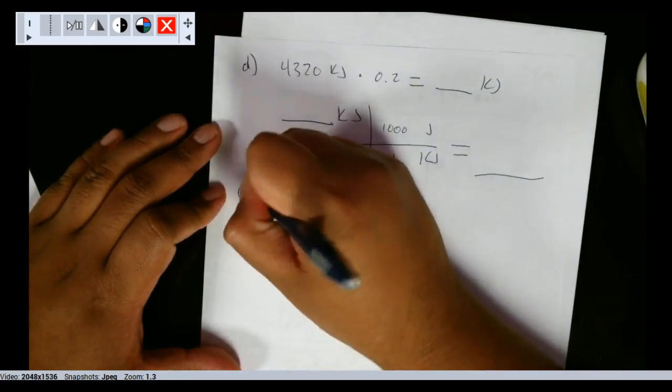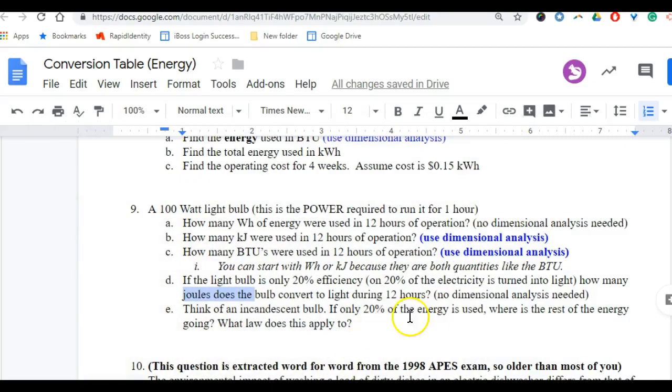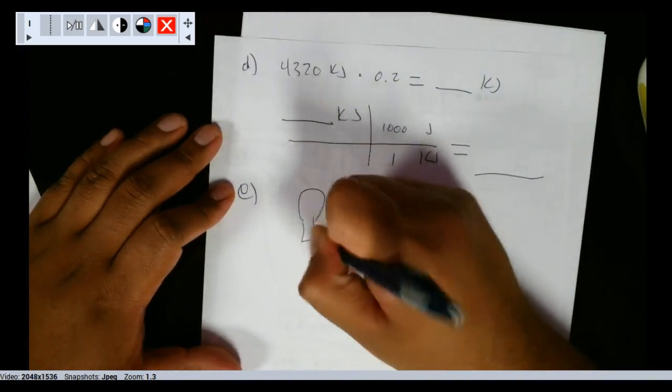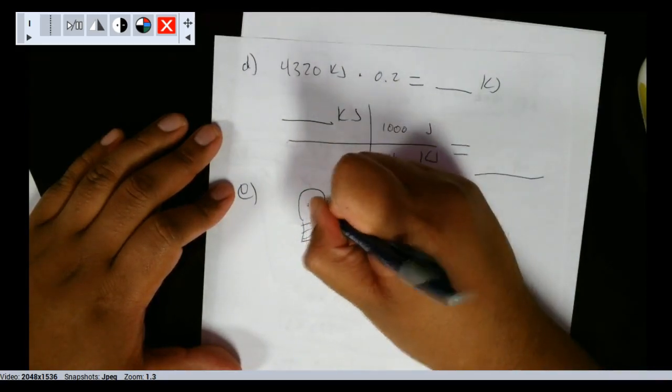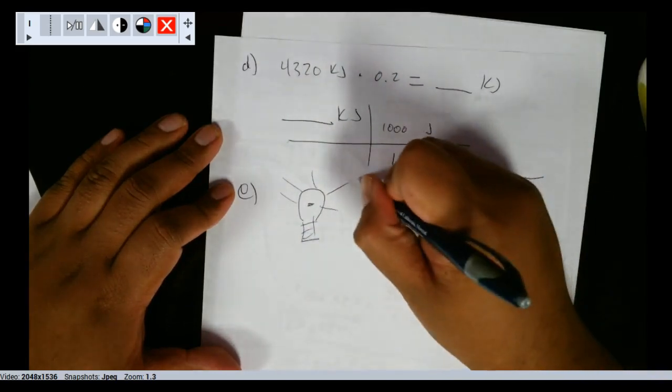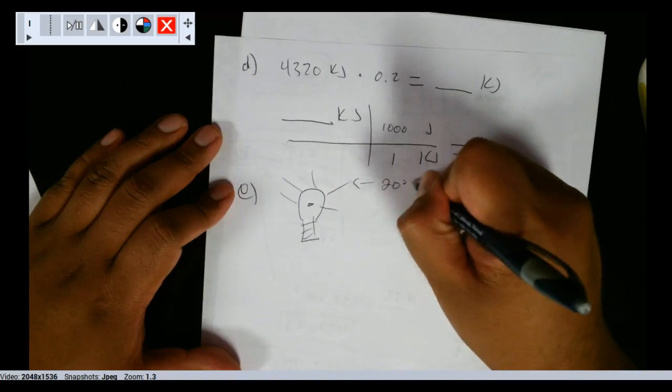Finally, on part E, because I want to keep the problem under 10 minutes, it's asking if it's only using 20% of the energy, where is the rest of it going, and what law does this apply to? So again, you have your bulb right here, terrible bulb, and it's giving off light, and this is 20% of the energy.